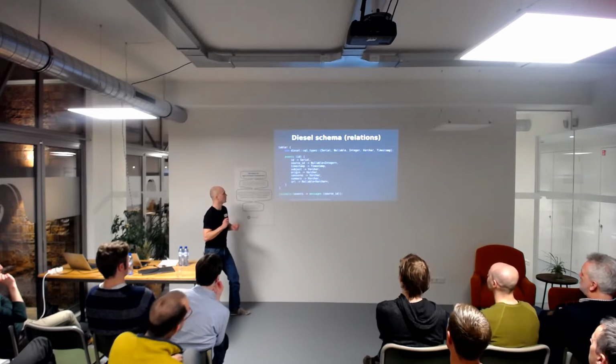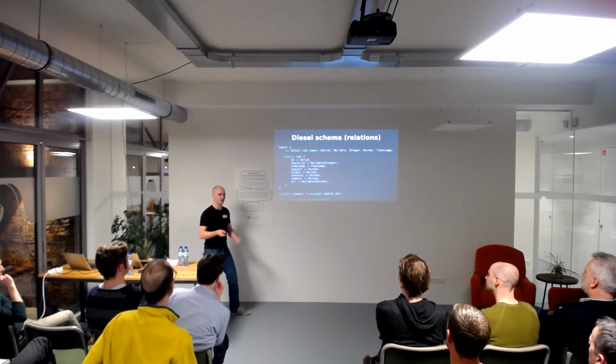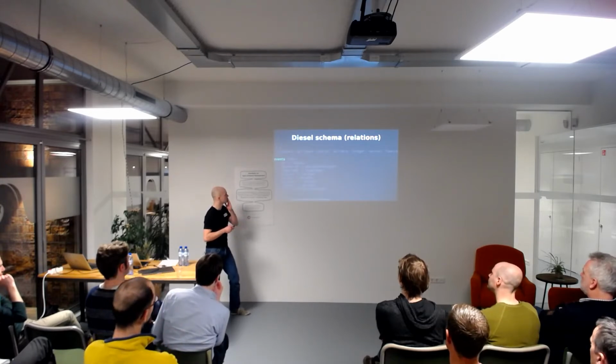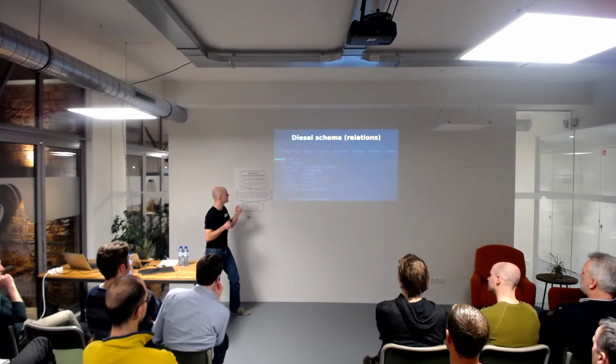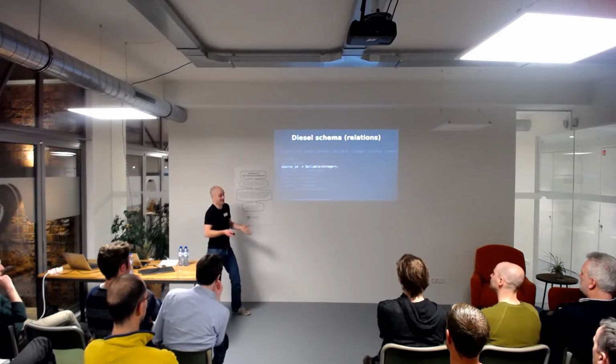Well, we use databases and not plain text files because we want to have relations and things like indexes on relations. So if you have a relation table, say an events table, which is different from messages, you have source ID, which is a reference to another table, and you specify not the table it references, but the type of the reference, in this case an integer.